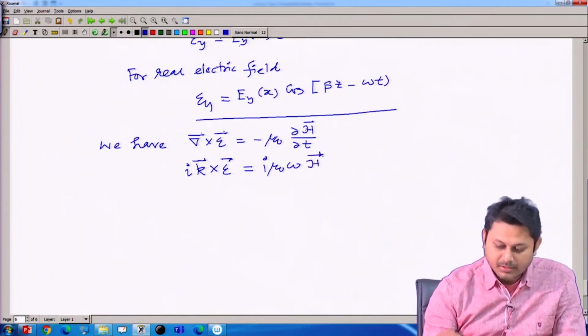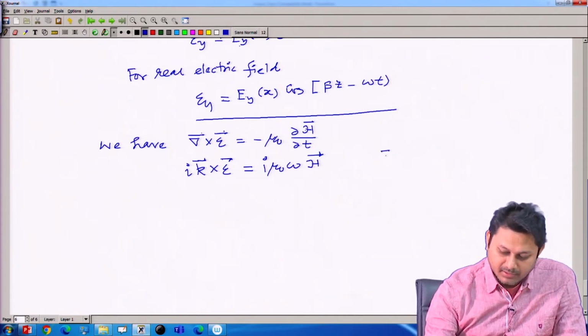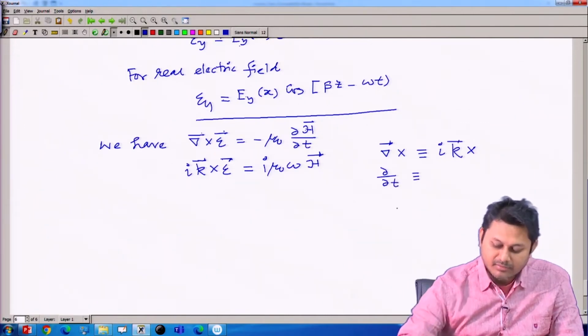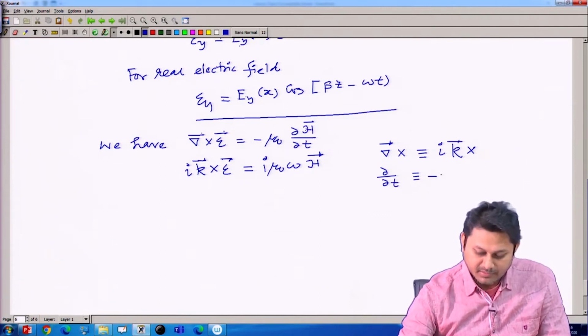because I know that curl of these things for plane wave is equivalent to I k cross that we learned earlier, and del t, this operator can be replaced as minus of I omega for plane wave.